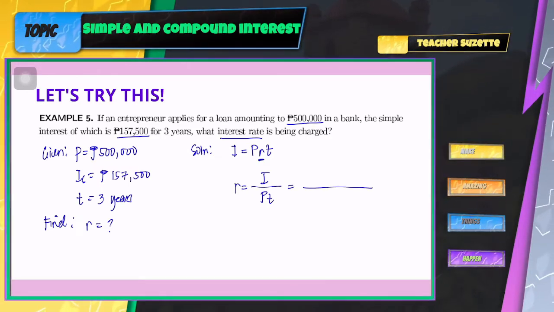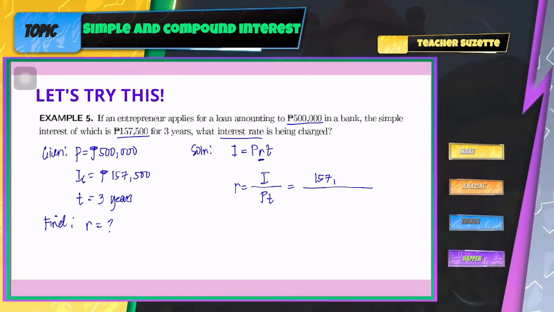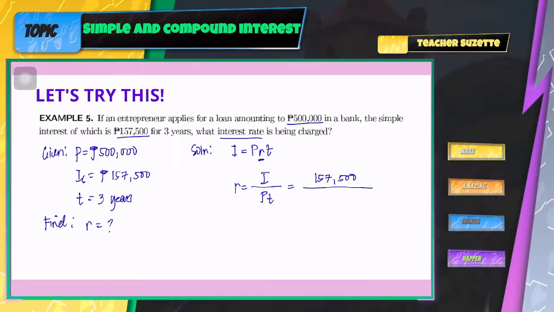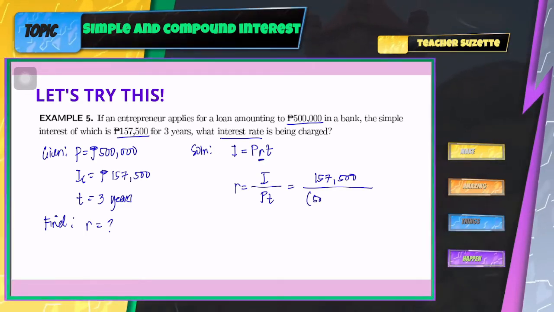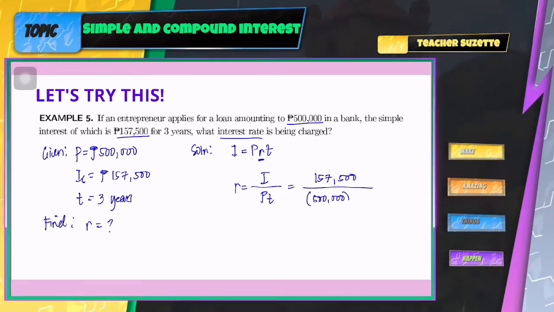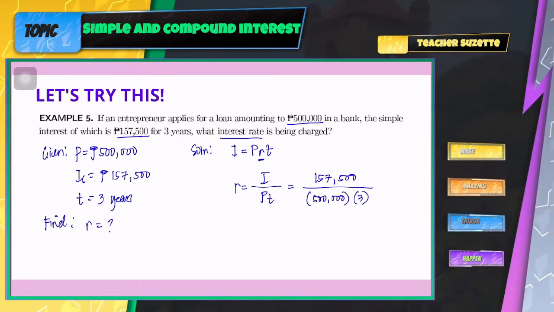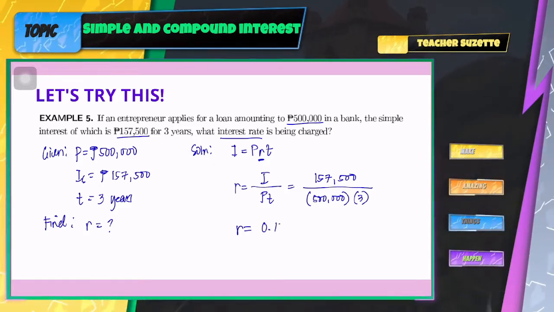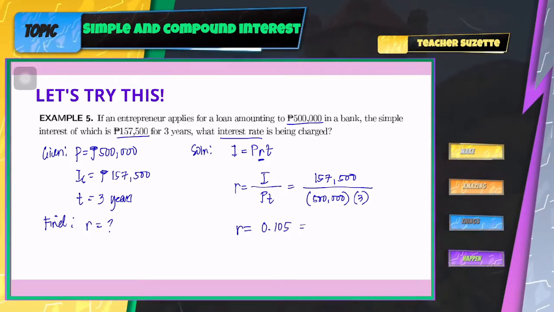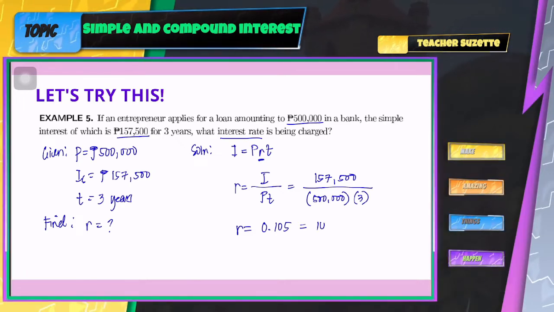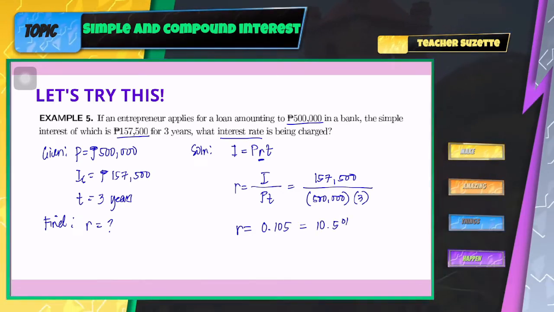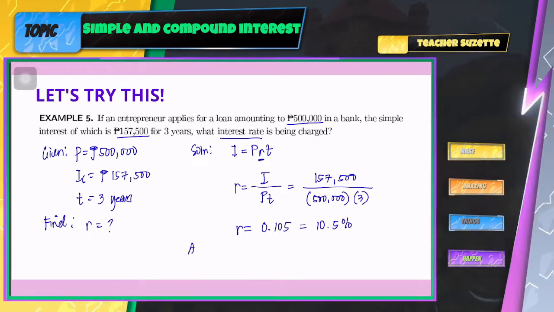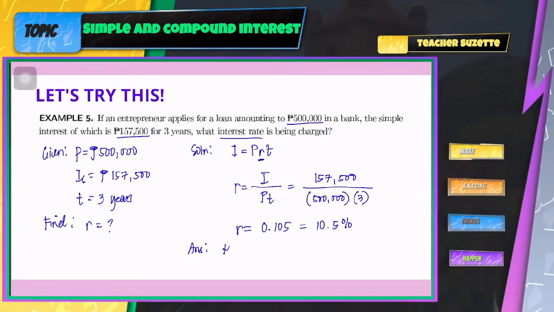Our interest is 157,500 and our principal is 500,000 multiplied by 3. So, our rate is equal to 0.105, which in decimal can be expressed as 10.5%.